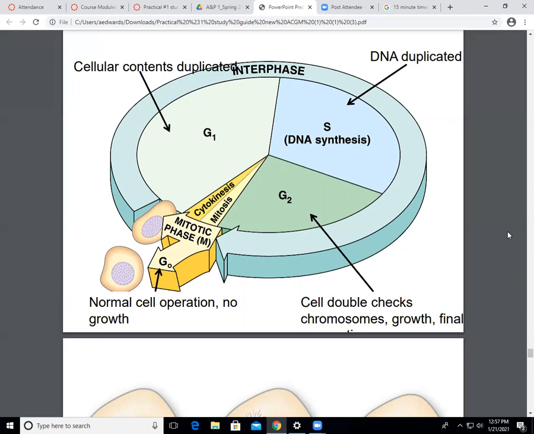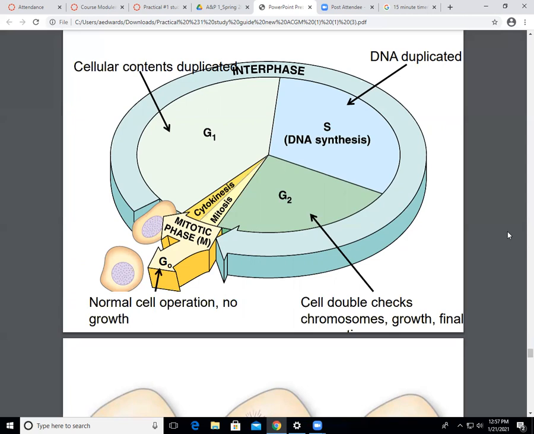Is it going to be easier to move all that stuff with it just sitting there, or is it easier to put it all in a bag? It's easy to put it all in some kind of suitcase or something first. That's what happens when we make the chromosomes. But they got to check them, make sure they're good, right? Because you don't want any cells that have problems. So, also, you have a little bit of cell growth that happens there. This is your final checkpoint. So then we're done with interphase.